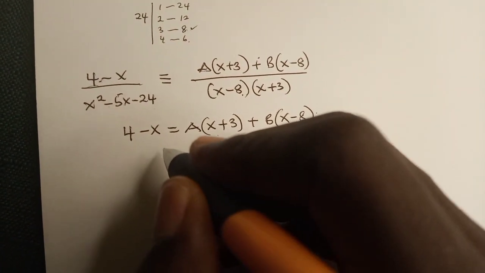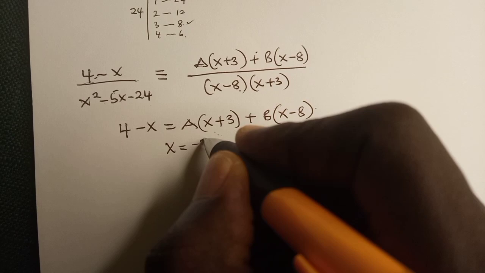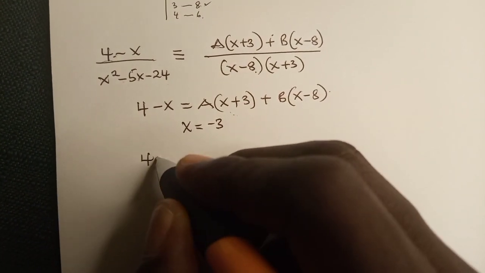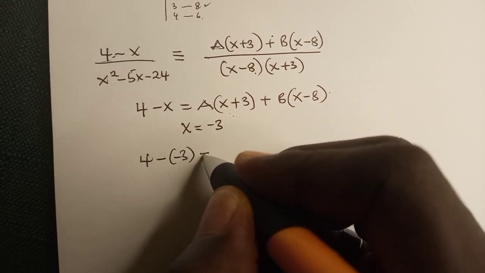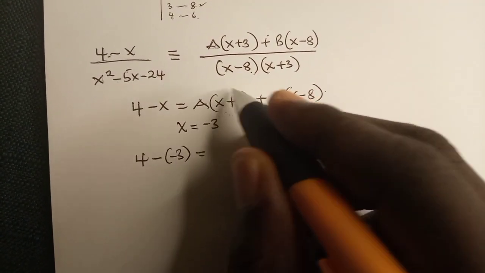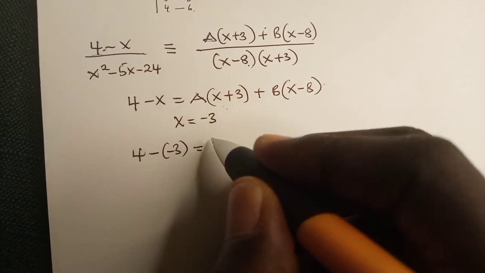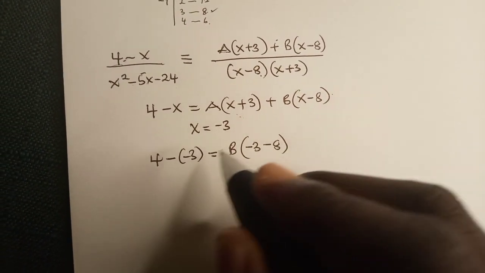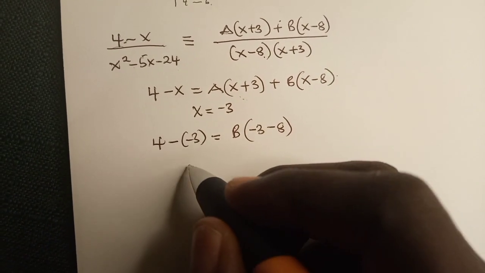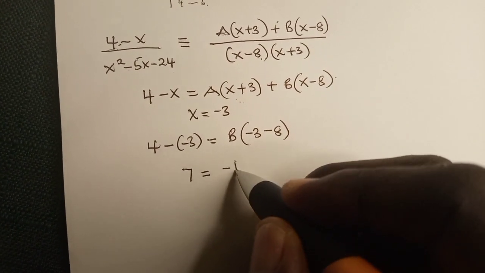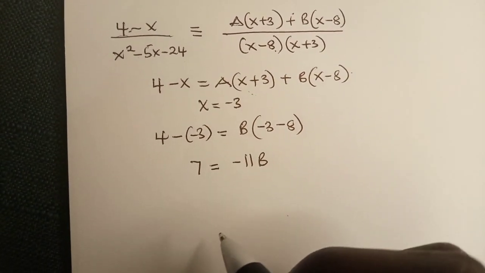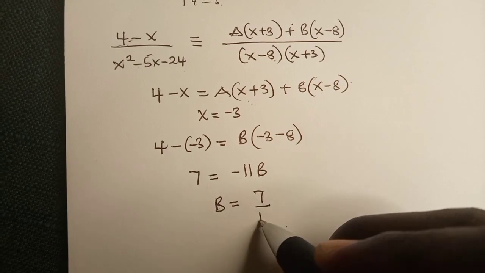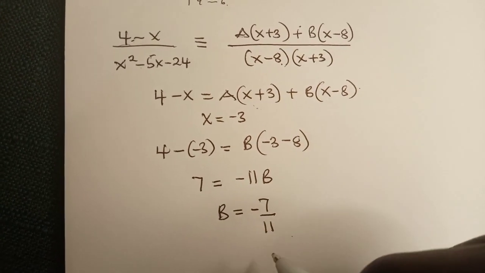When x equals -3, 4 minus -3 equals, A becomes 0, so you're left with B bracket open -3 minus 8, so 7 equals -11B. That means B equals -7 on 11.